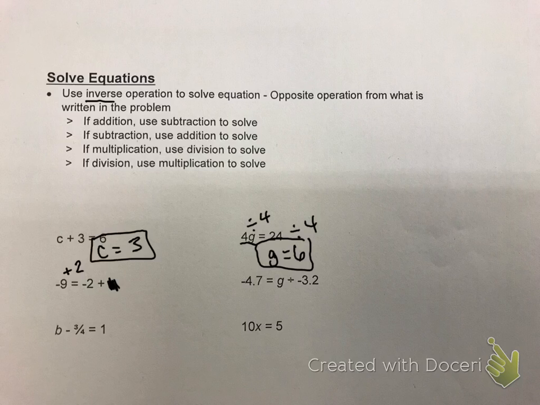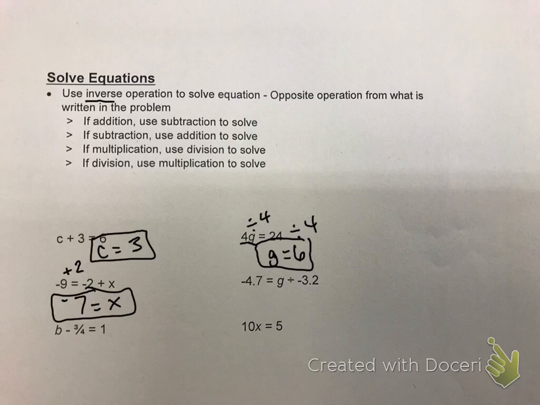Okay, and I realize that there is addition going on in the problem, but we're adding a negative number, which is the same thing as subtracting a positive. So we are looking at negative 9 plus positive 2, which is negative 7. Therefore, x equals negative 7.